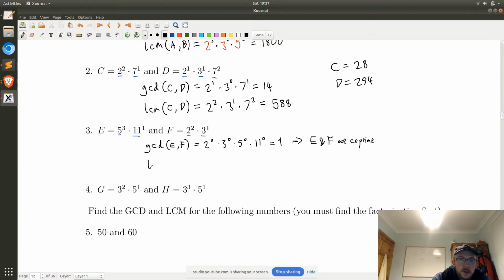Okay, as for LCM, we write down 2, 3, 5, 11.